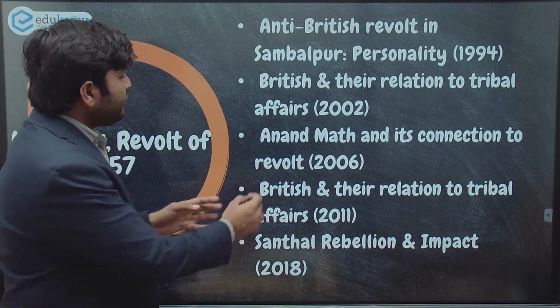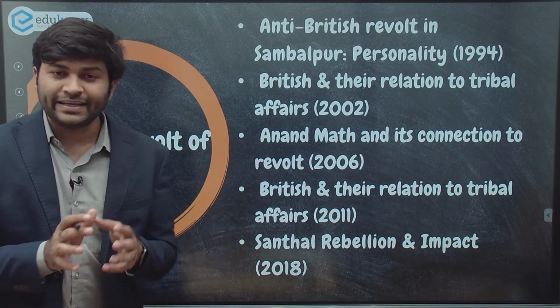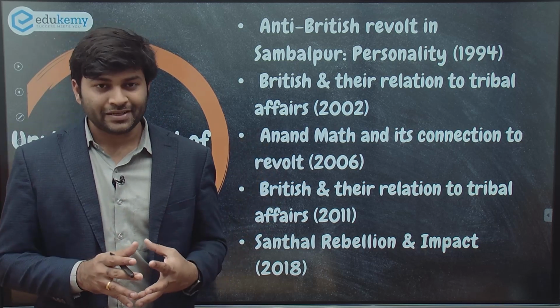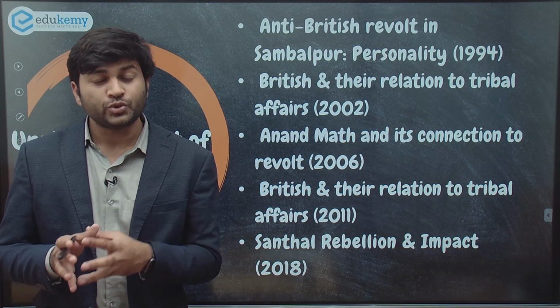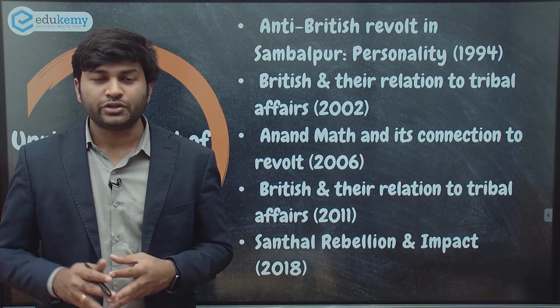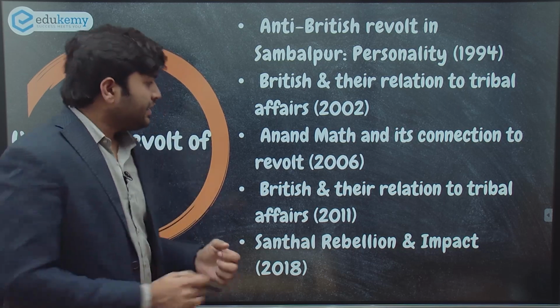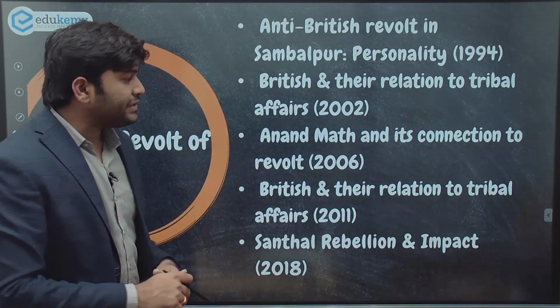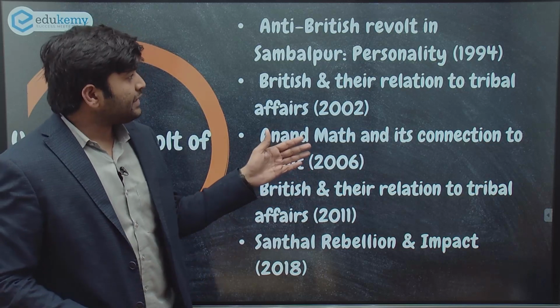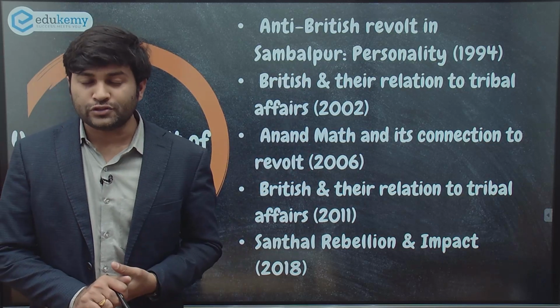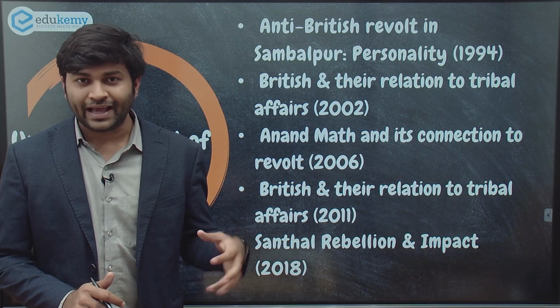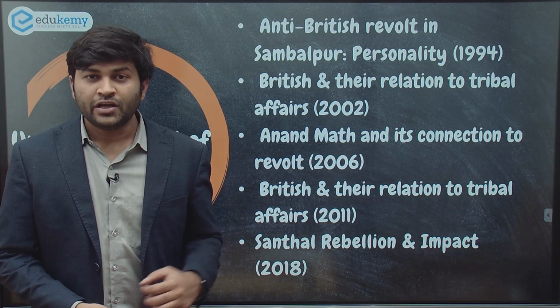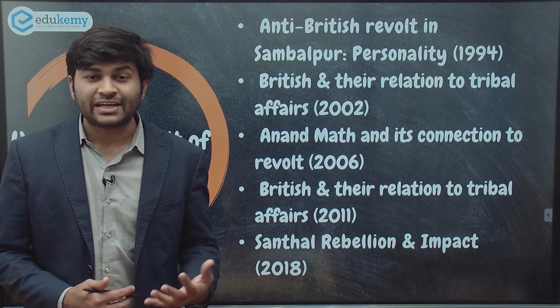We have various views of the nationalist personalities that were there during this time and after the revolt had taken place. The Anandamath is one of the very important novels that were written, which contains the Fakir rebellion also. The Sannyasi rebellion has a place in this Anandamath, which was written by Bankim Chandra Chatterjee.